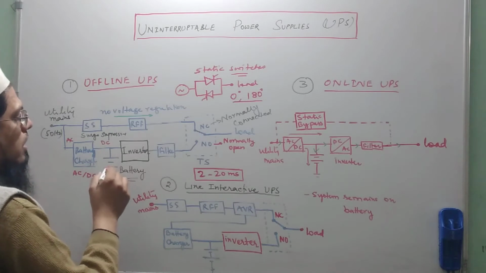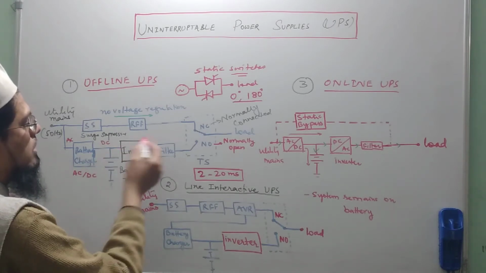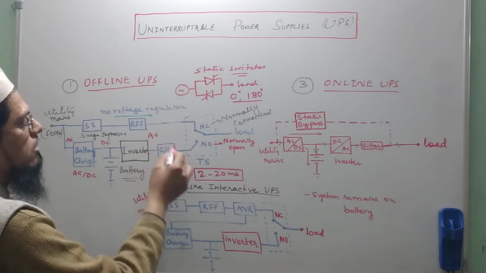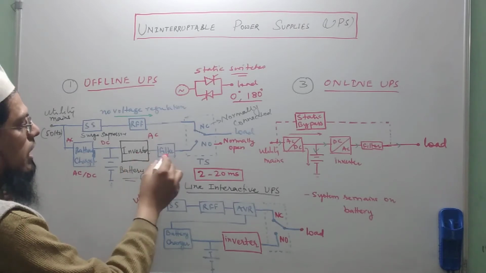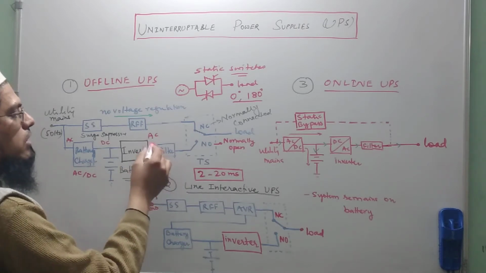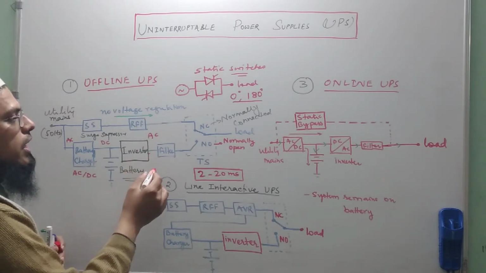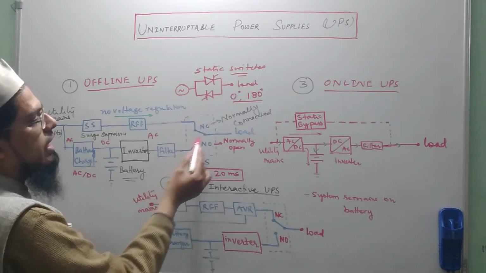This is given to the inverter, which converts the DC supply into AC supply, and then a suitable filter is connected at the output of the inverter to suppress the harmonics otherwise present, and then it is connected to this static switch and then to the load.